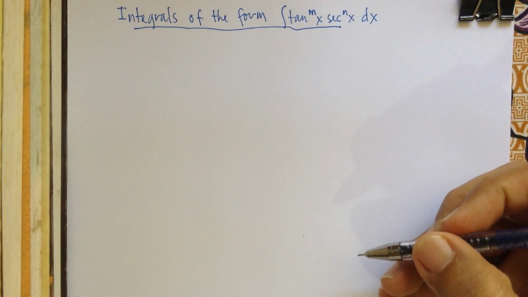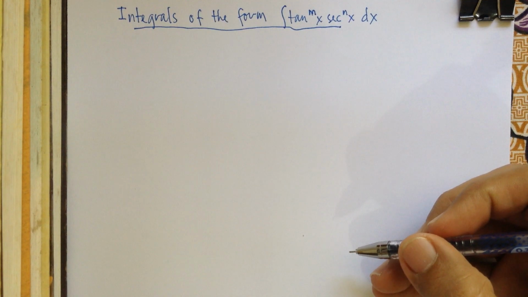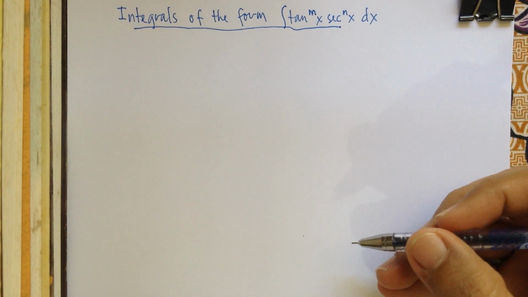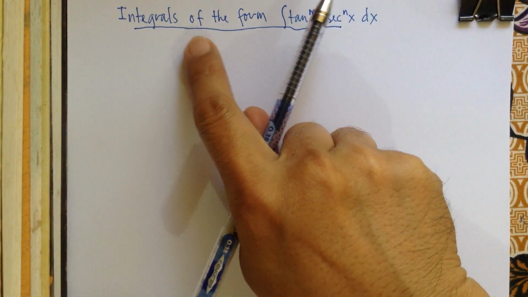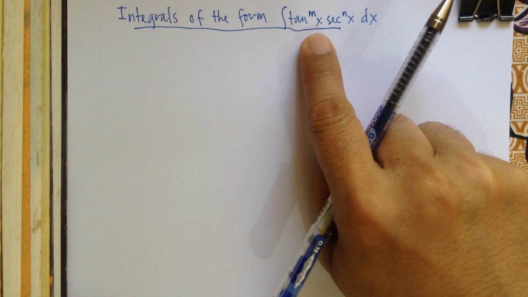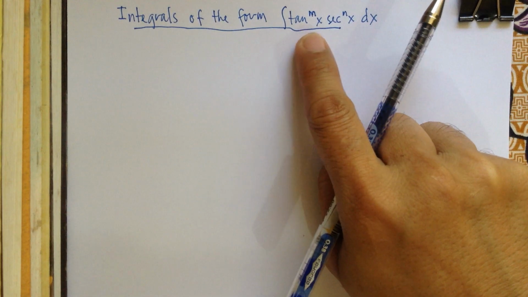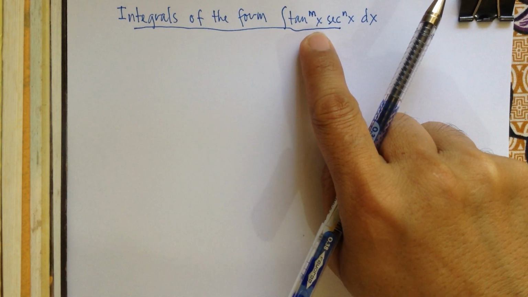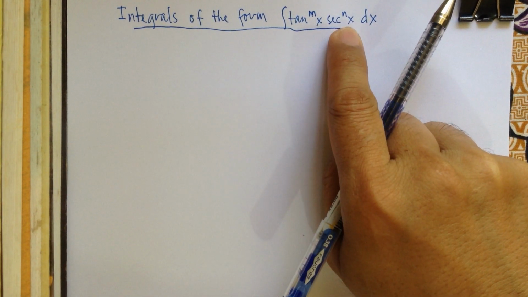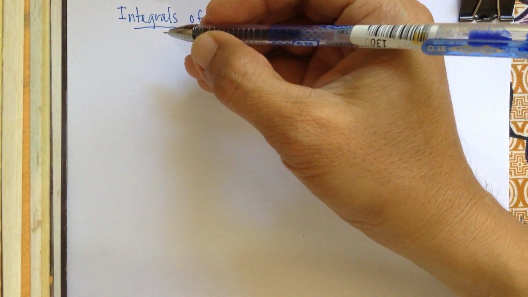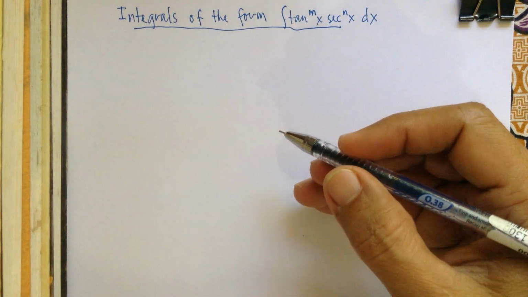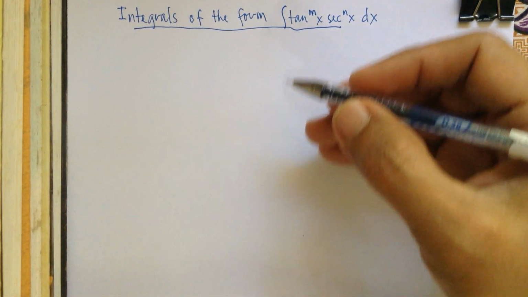This is a continuation of my lecture on trigonometric integrals. And this morning I'm going to talk about integrals of the form integral of tangent to the m of x secant to the n of x dx. We will consider two cases for this form.